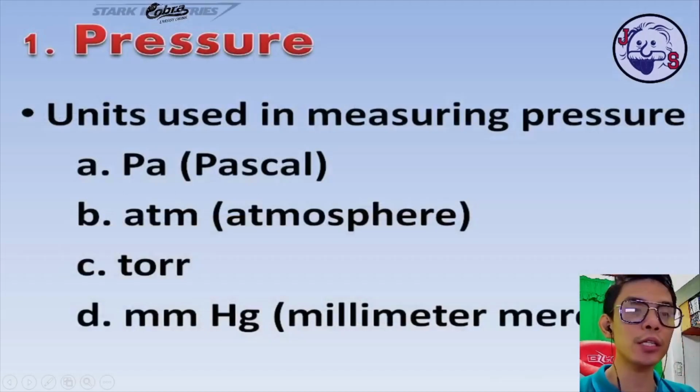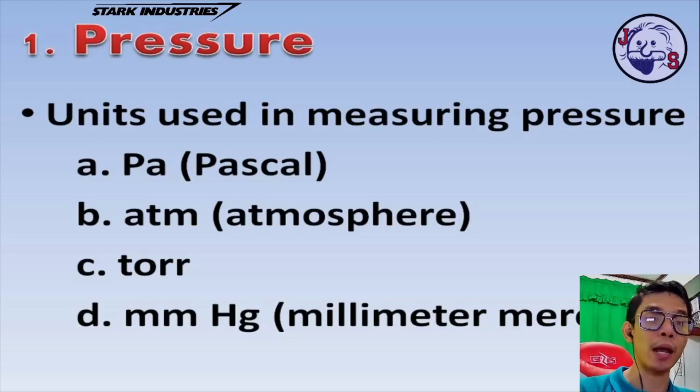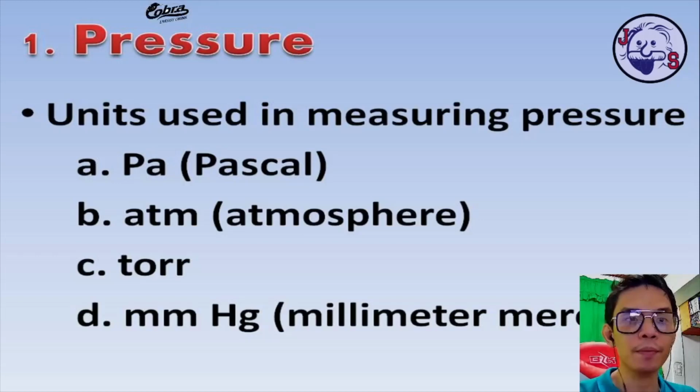Alright, so these are the units of pressure that we are going to use in this variable. The first one is Pascal, in honor of Pascal. Then we have atmosphere. Then we have torr, after Evangelista Torricelli. And we have millimeters of mercury.